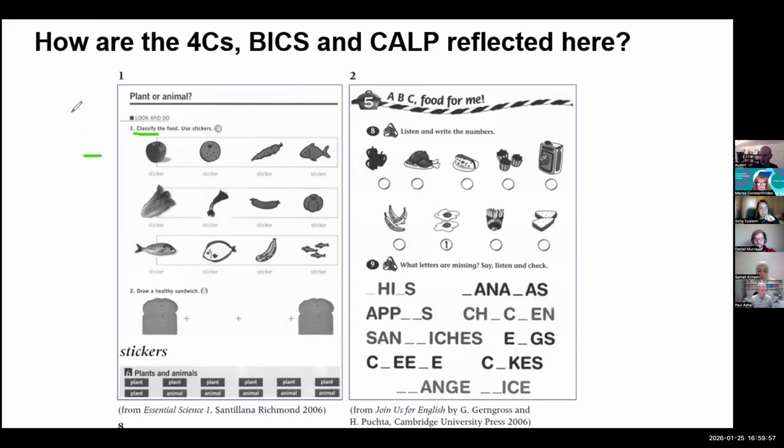It does have some higher order thinking involved. They have to think. Yeah, so classification is one of those HOTS, isn't it? Not sure about the second one. Is there any higher order thinking? It's just listening and identifying meaning and image and sound.